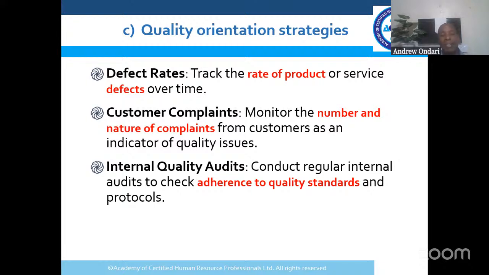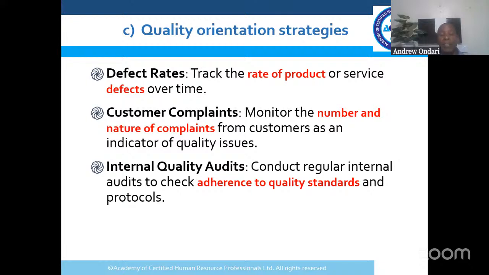Thirdly is internal quality audits. I want to believe that our organizations have internal audit departments. This department is very important because they conduct regular health checks with respect to the various functions, such as finance, human resource, operations, production, and others.